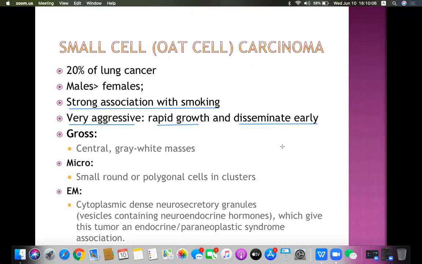Now, can anybody tell me what is metastasis? Spreading of tumor from one site to another. Yes, you're right. Metastasis is the growth of tumor from one organ to another organ. Exactly, very good.